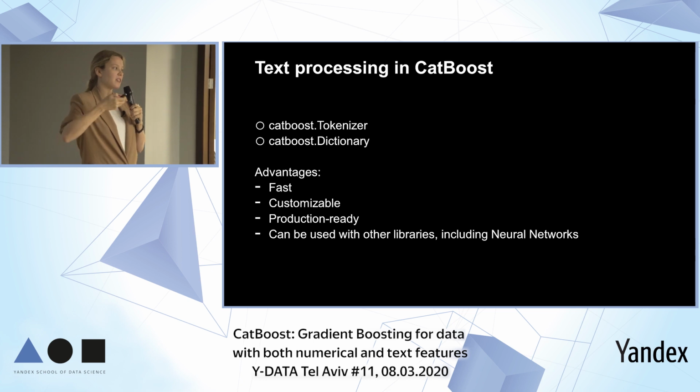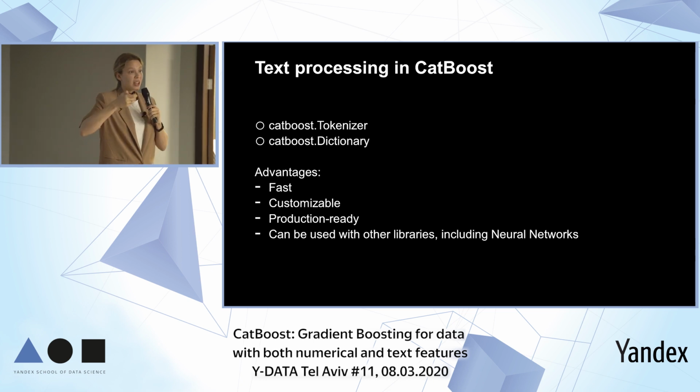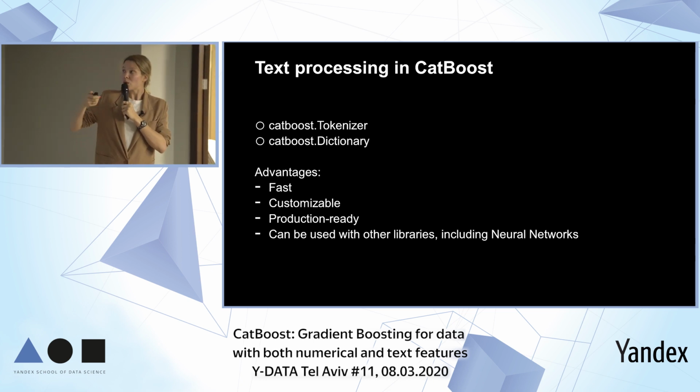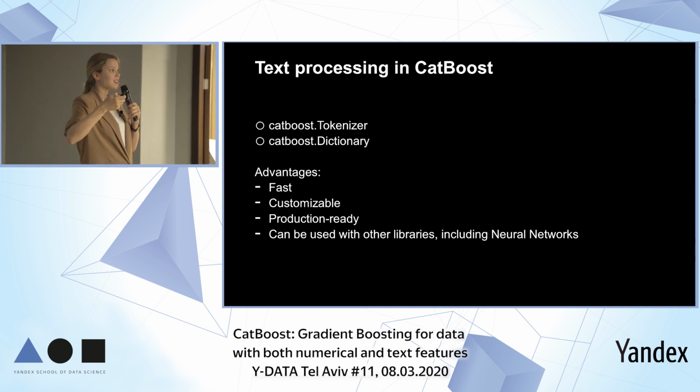And that is a very efficient thing that can be used in text generation, for example. All of that is available in the library, and you can use it separately from training. So you can use it as a preprocessing for training a linear model or for training a neural network.